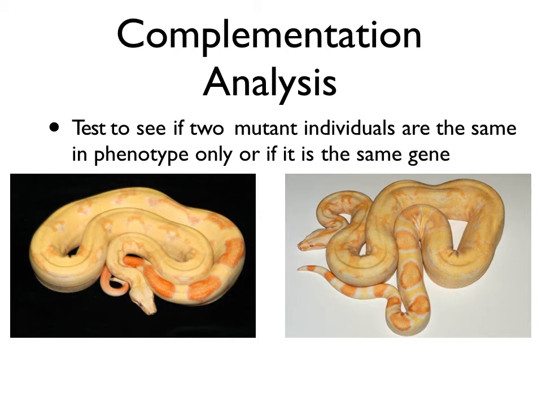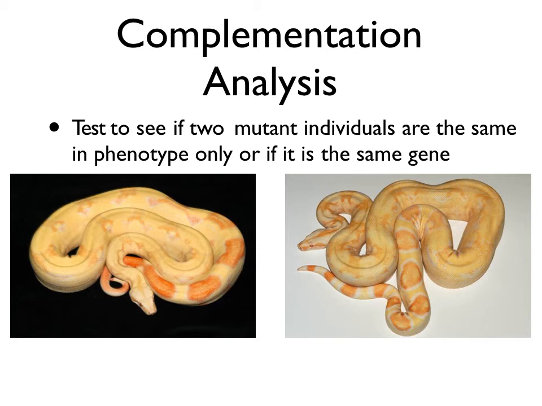And in order to know if they did it in the same way, we perform what is called a complementation analysis. This is a means of determining whether two mutants have the same phenotype because of a mutation to the same gene.